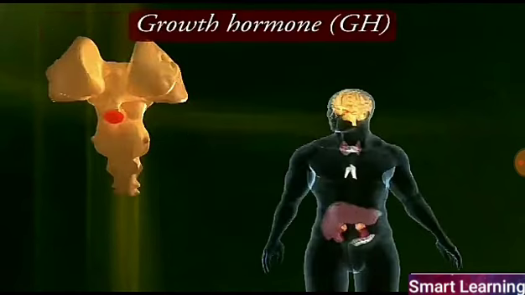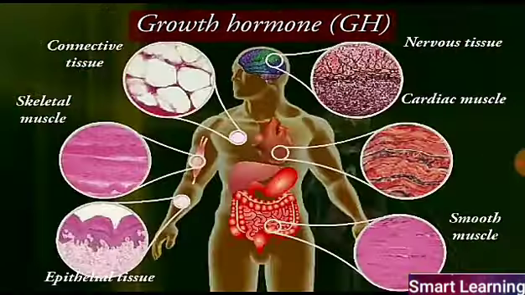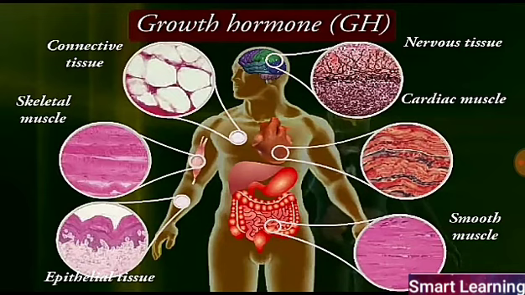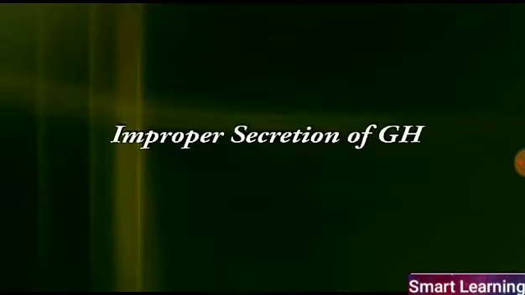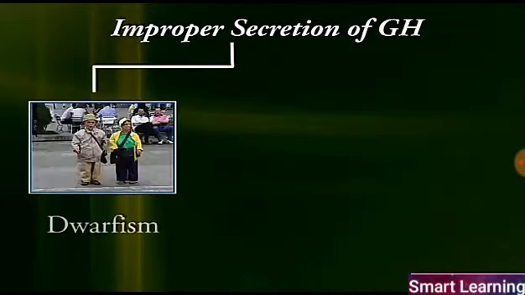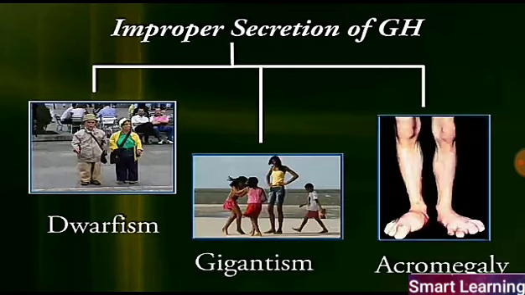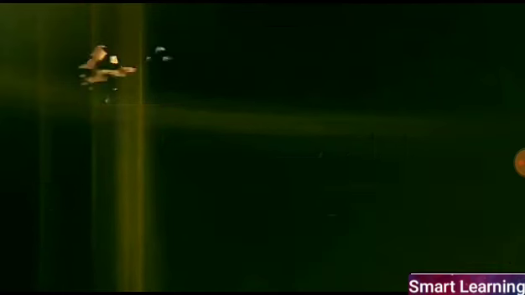5. Growth hormone GH. This stimulates growth and development of all tissues by accelerating protein synthesis and cell division and by retaining calcium in the body. Improper secretion of GH produces 3 important disorders: dwarfism, gigantism, and acromegaly. 6.